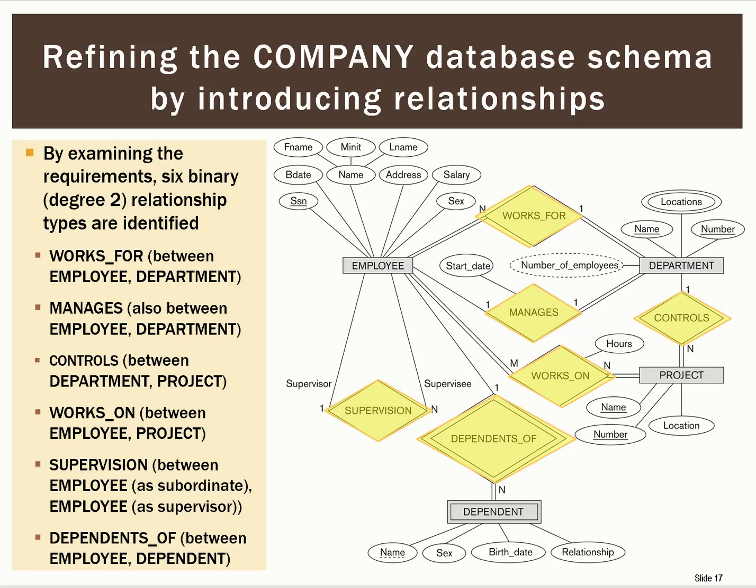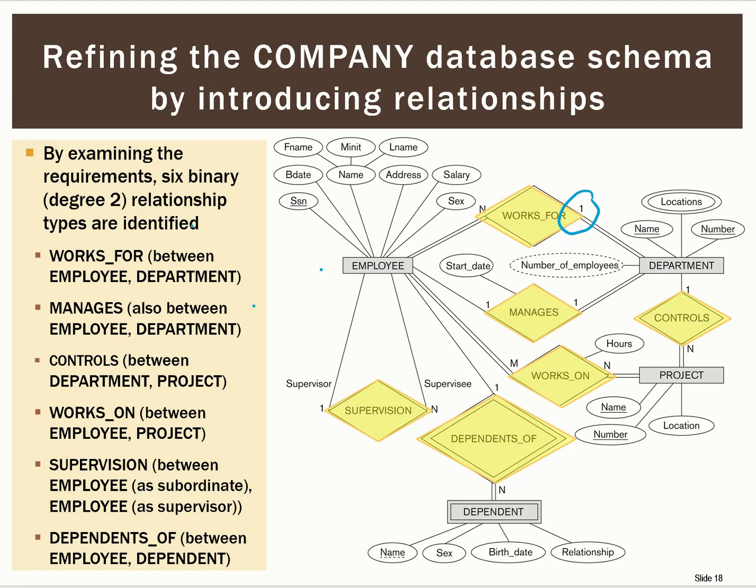And let's try to do this a little more precisely by utilizing the numbers on the lines that connect the relationship to the entity type. The number 1 and the letters N and M stand for the cardinality. So, for example, here we have 1, and that is closest to the department entity.